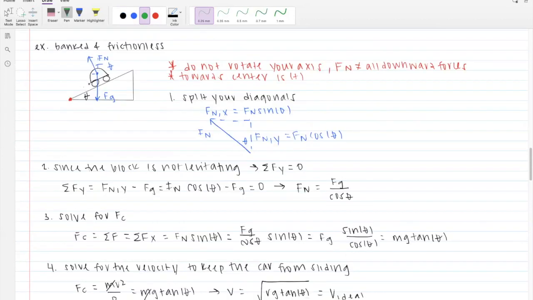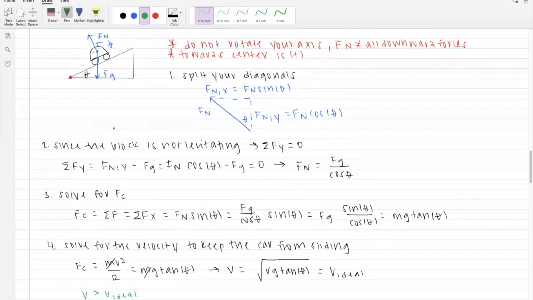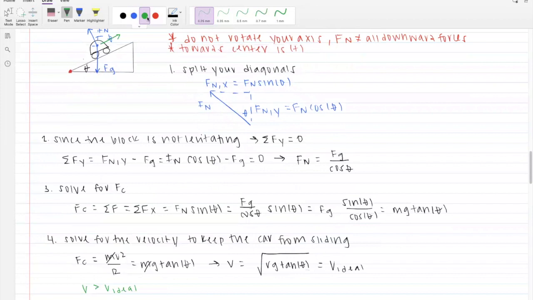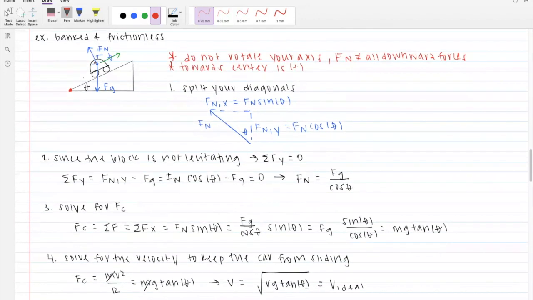So when your velocity is greater than the ideal velocity, your car is going to want to slide up the incline. And when you have a velocity that is less than your ideal, then you're going to want to start sliding towards the center.